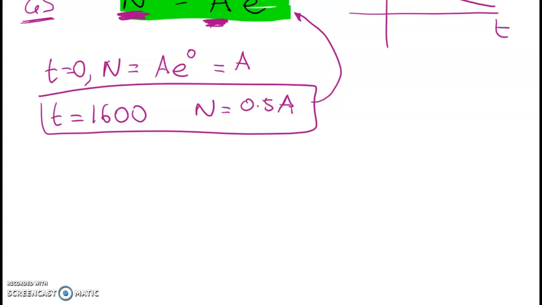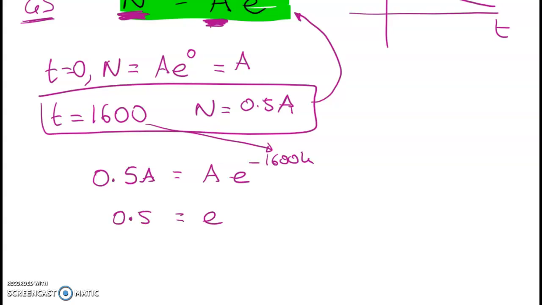So substituting that in gives me 0.5A, which is the amount of radium after 1600 years, is equal to A e to the negative 1600k, right? So I'm substituting in t. Dividing both sides by A gives me 0.5 is equal to e to the power of that.